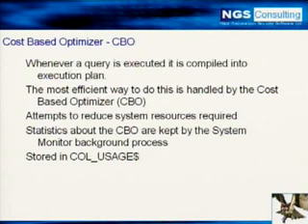Information about the CBO and the decisions it makes is monitored and tracked by the system monitor background process. One of the tables where information is stored about this is the col_usage$ table.